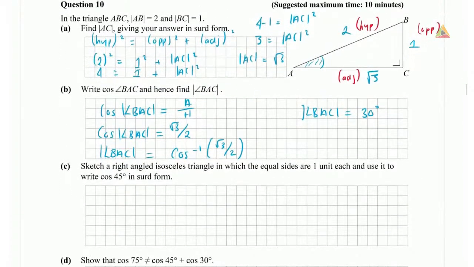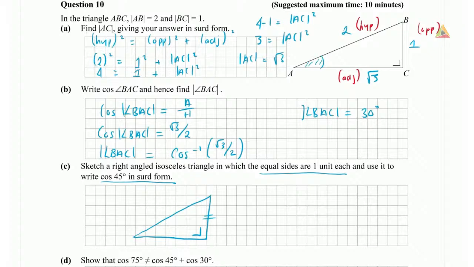On to part C now. Sketch a right-angled isosceles triangle in which the equal sides are 1 unit each, and use it to write the cos of 45 degrees in surd form. So we need to draw a right-angled isosceles triangle. I'm going to draw it this way. This is my right angle.